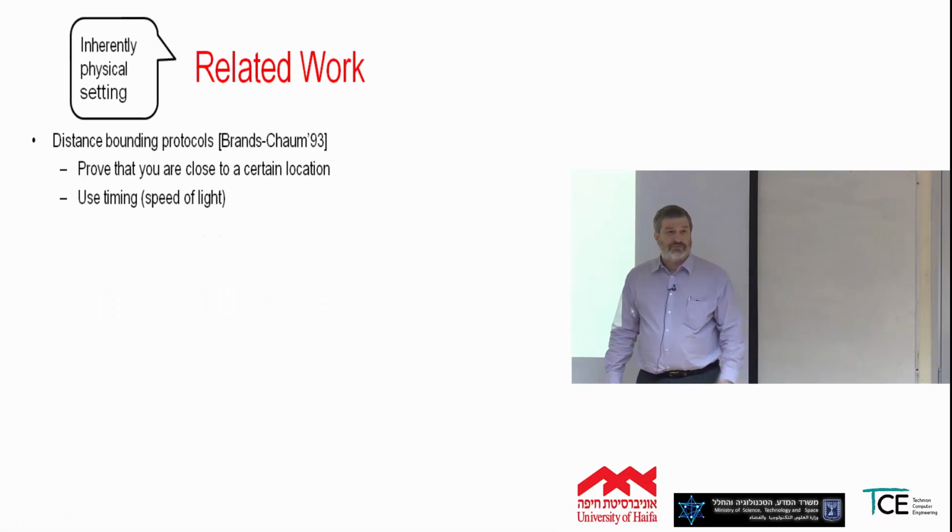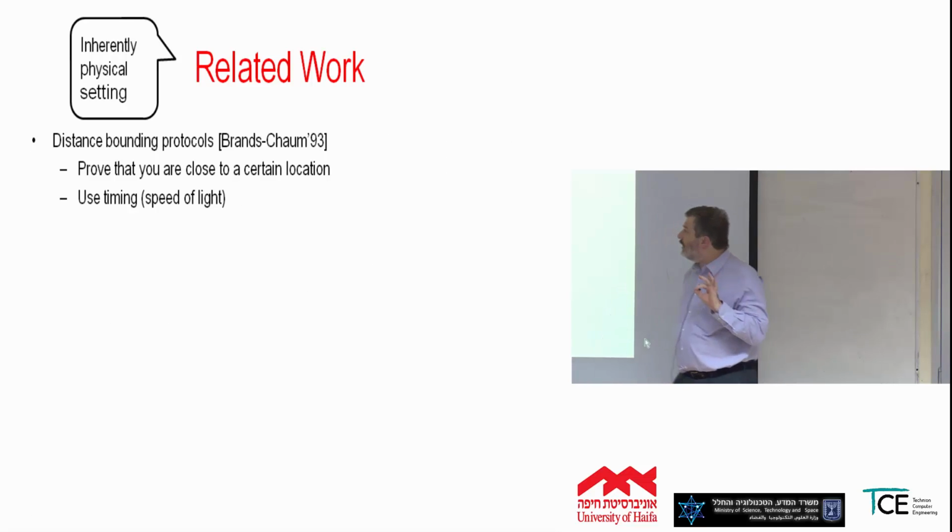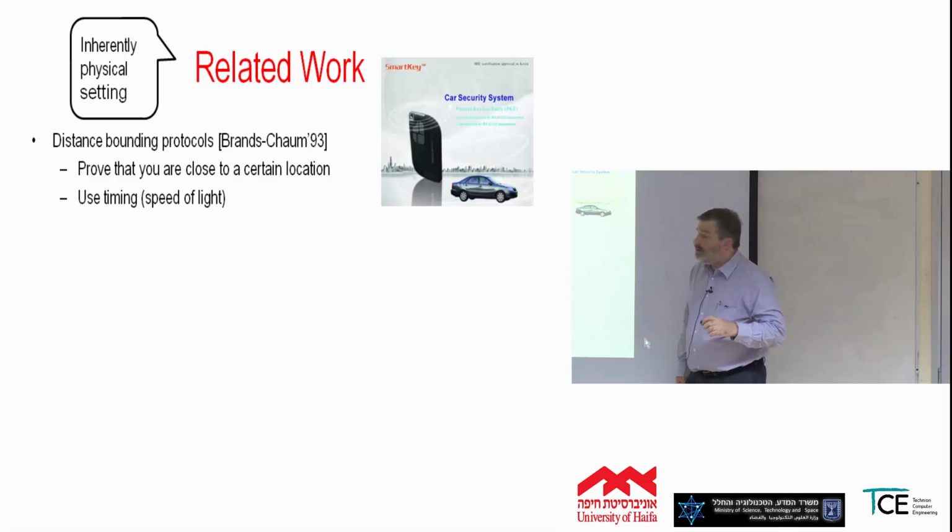So there are all sorts of works in this direction, not a whole lot, but those of you who know distance bounding protocols: you want to prove that it's not only you, but that you're close to a certain location. You can use timing, and again, the motivation is related to cars. You want to prove to the car that not only it's you, but that you're close to the car.